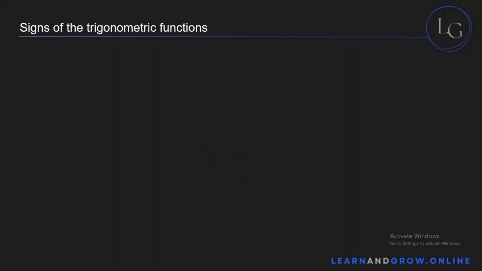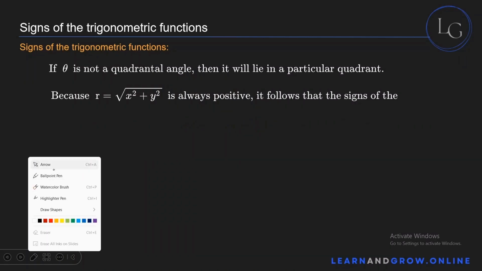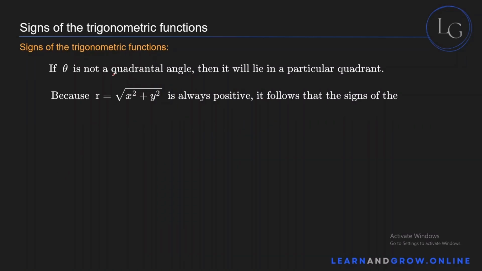Now let's see the signs of trigonometric functions. If theta is not a quadrantal angle, so basically it does not lie directly on the axis, then it will lie in a particular quadrant because the equation that defines the magnitude is always positive.